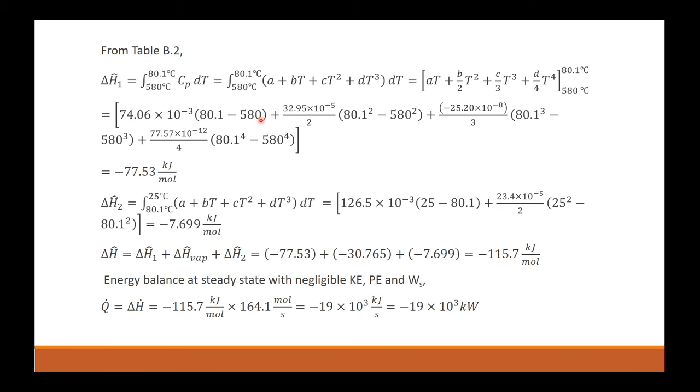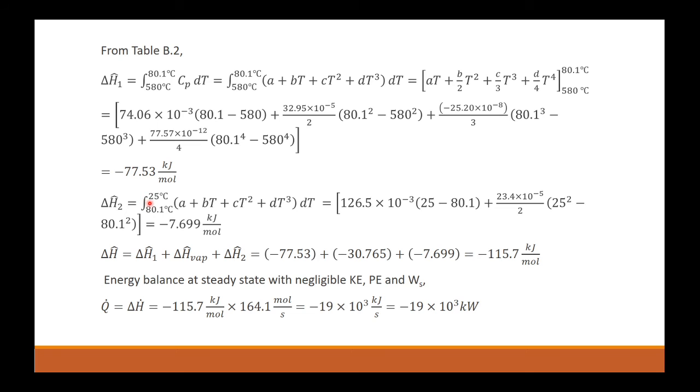So substitute your values in, substitute your A, B, C, and D in, which you can obtain from table B.2. And that leaves you the change in enthalpy in the first pathway, which is negative 77.53 kilojoules per mole. So we do the same thing for H2.